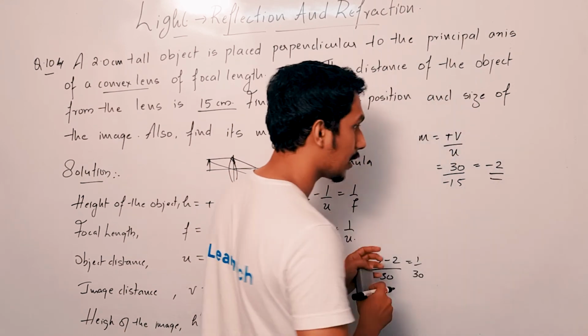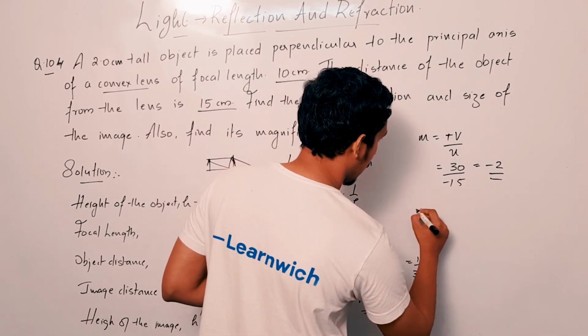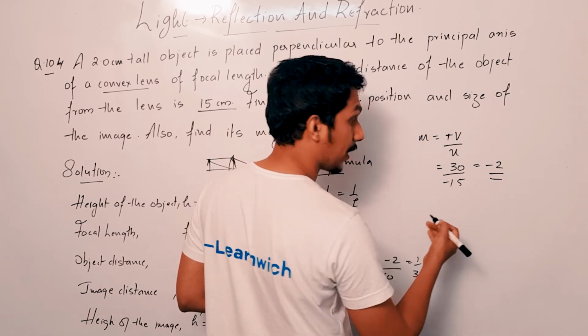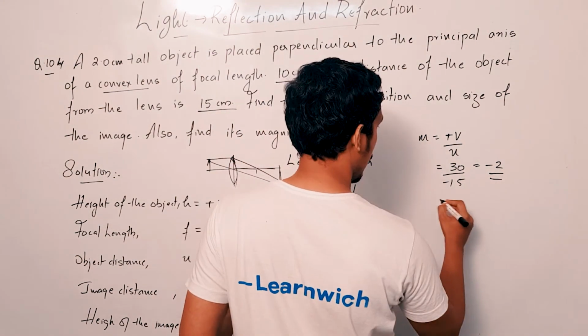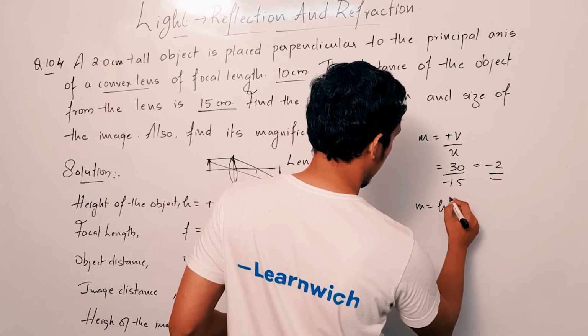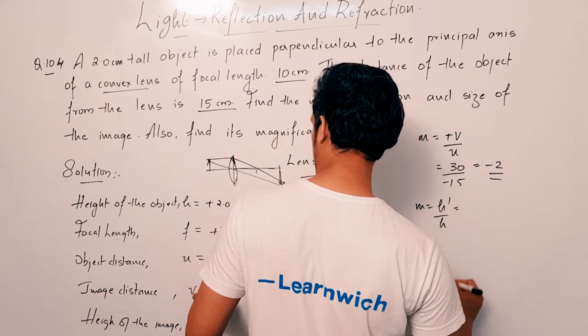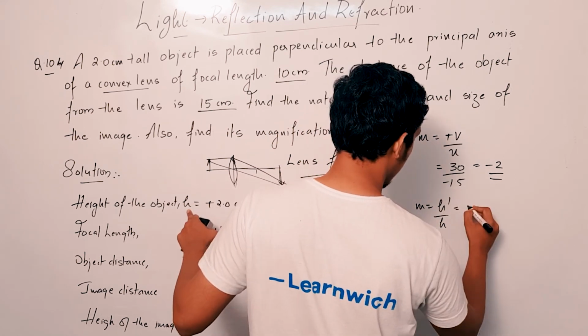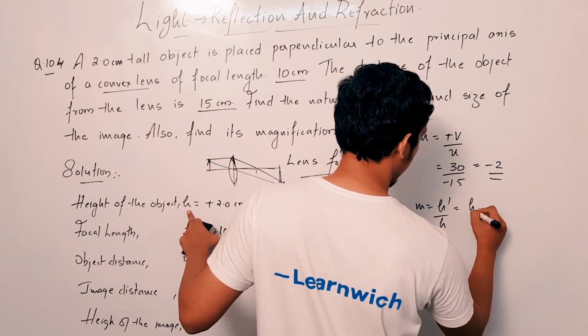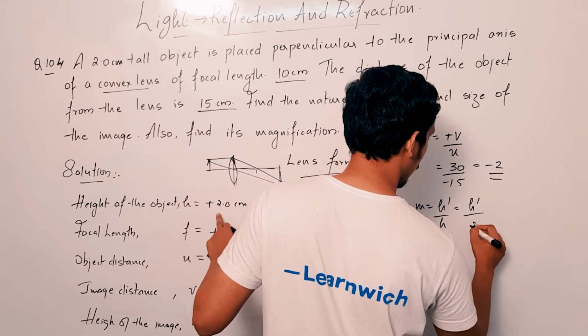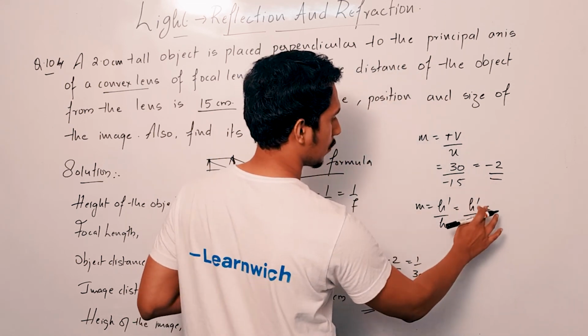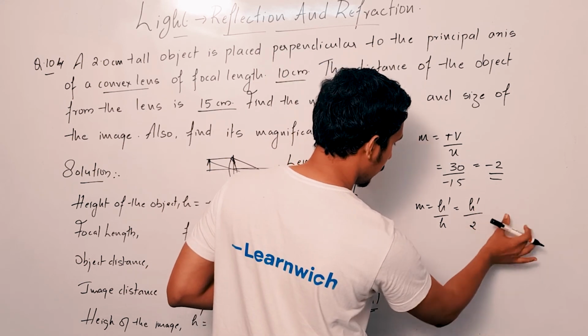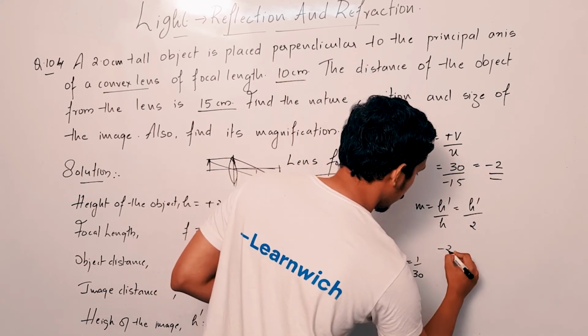The minus you don't need to consider, but let's say you have to find the height of the image. This magnification is also the same as h dash by h. h is given as 2, so h dash by 2 is equal to magnification, which is -2.